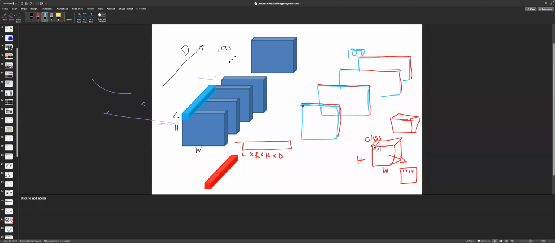I will just take the class corresponding to the maximum value for your output segmentation map. Okay. Yeah, this is basically how 3D convolutional neural networks operate, and I hope you're able to capture the difference as compared to 2D.